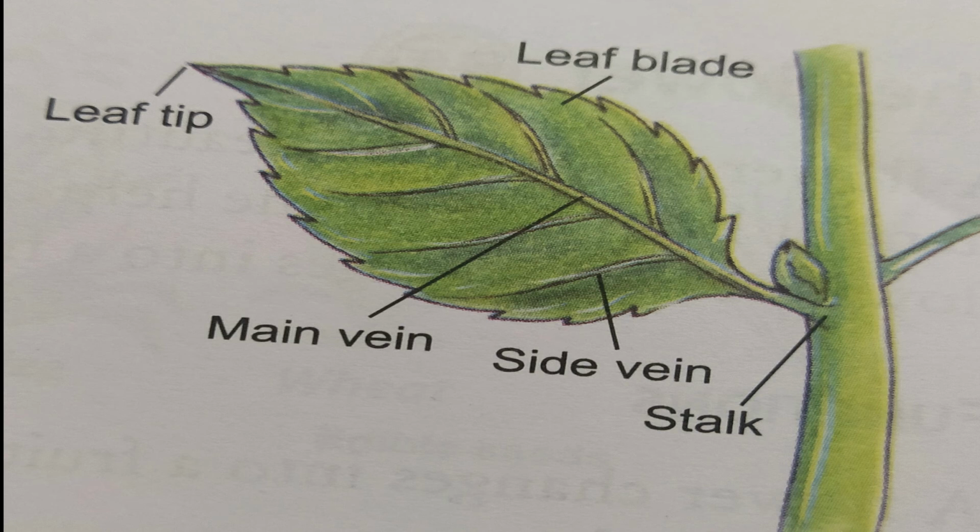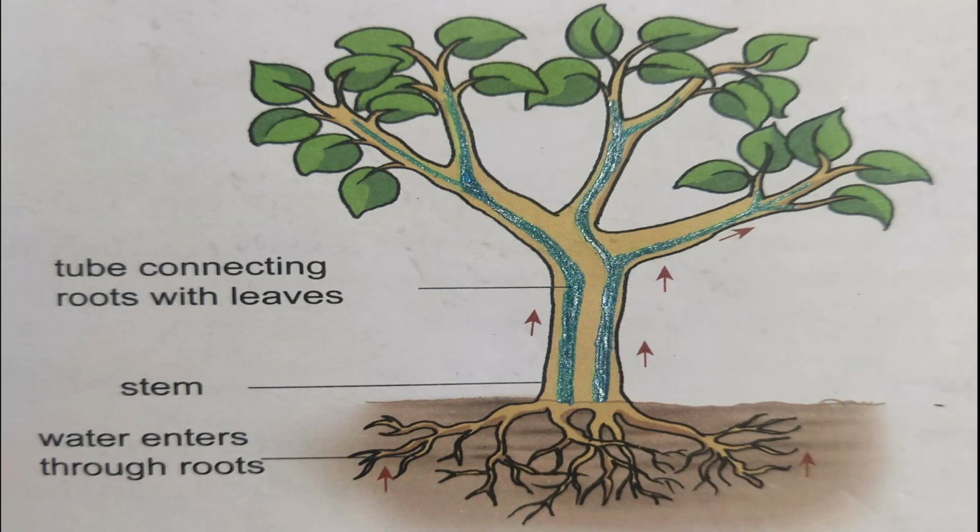These veins are very thin tubes which are connected with the tubes of the stem. The water is carried from roots to the tubes of the stem, and from those tubes water is again carried to the leaves through veins.